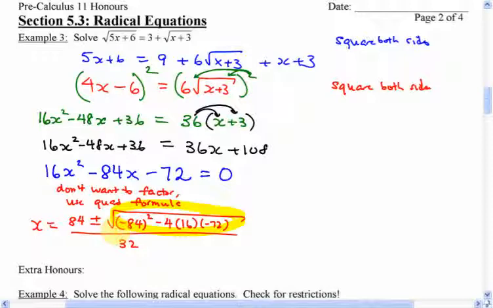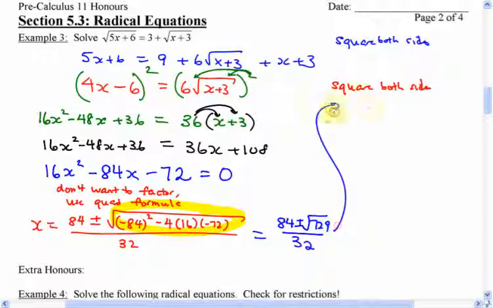Really? Oh, okay. What's the square root of 729? That's a nice number, isn't it? What is it? Oh, 27?